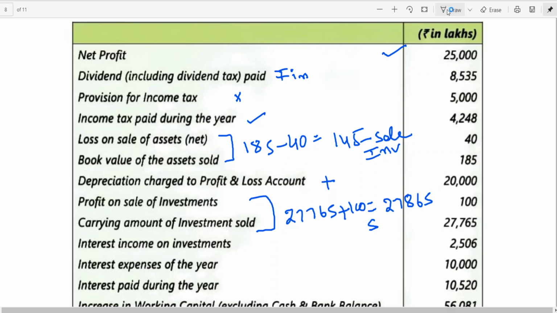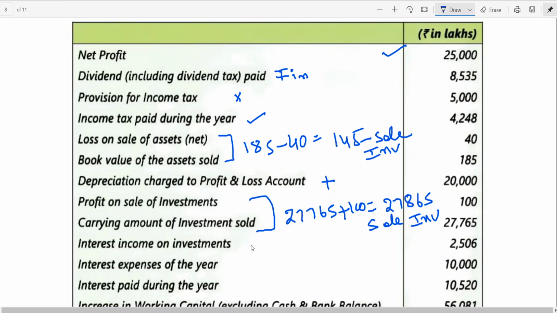Is this clear? Sale proceeds of which one? Investing activities. When you are reading the problem, I told you, first work out with pencil. If there is any adjustment, then you can make changes later on, so the time can be saved.